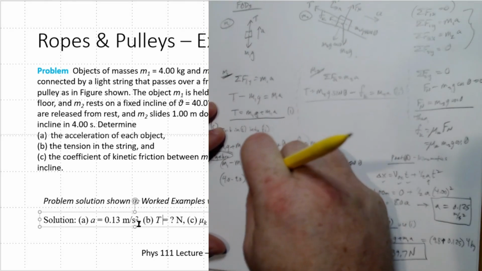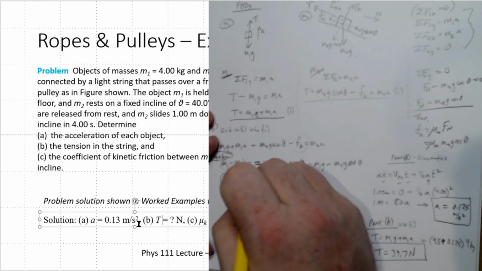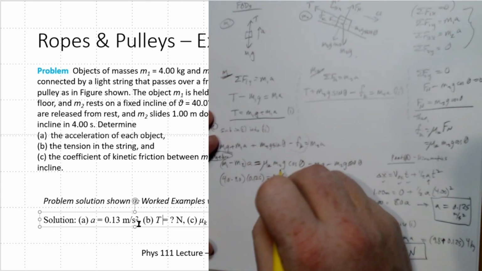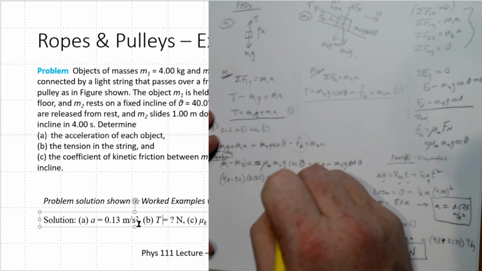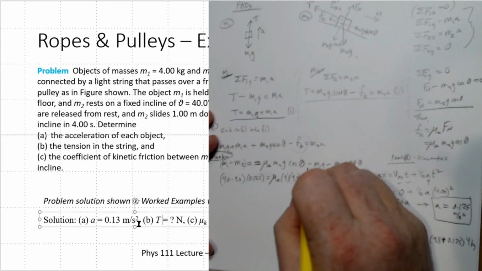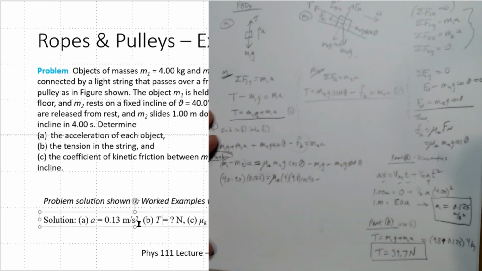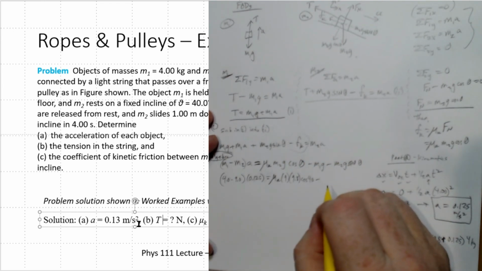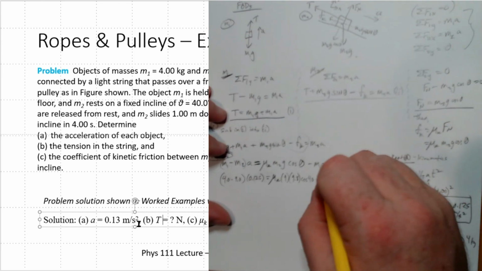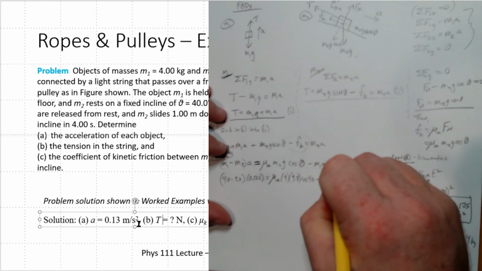We know the acceleration is 0.125 equals mu k. This is mass 2, 9 times 9.8 times cosine of 40 minus, may have a bunch of minus signs that cancel each other out, m1g, 4 times 9.8.